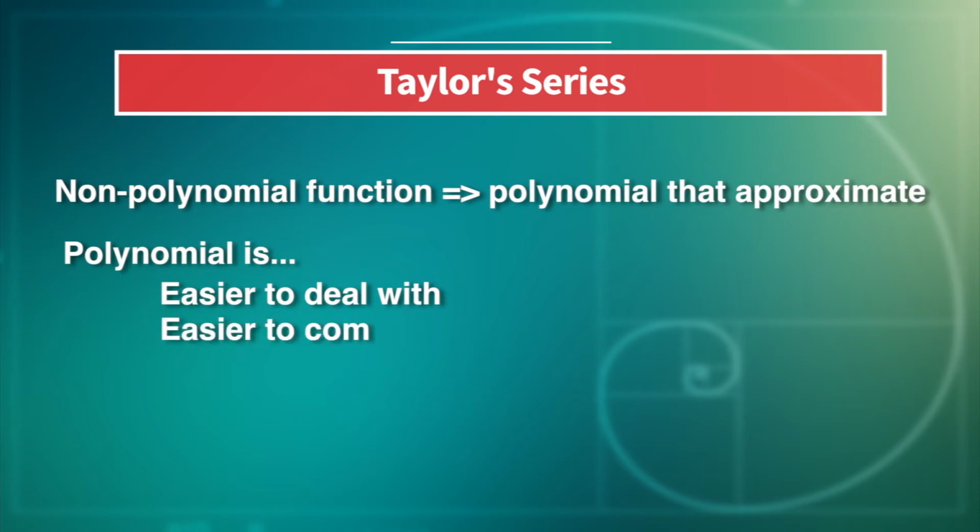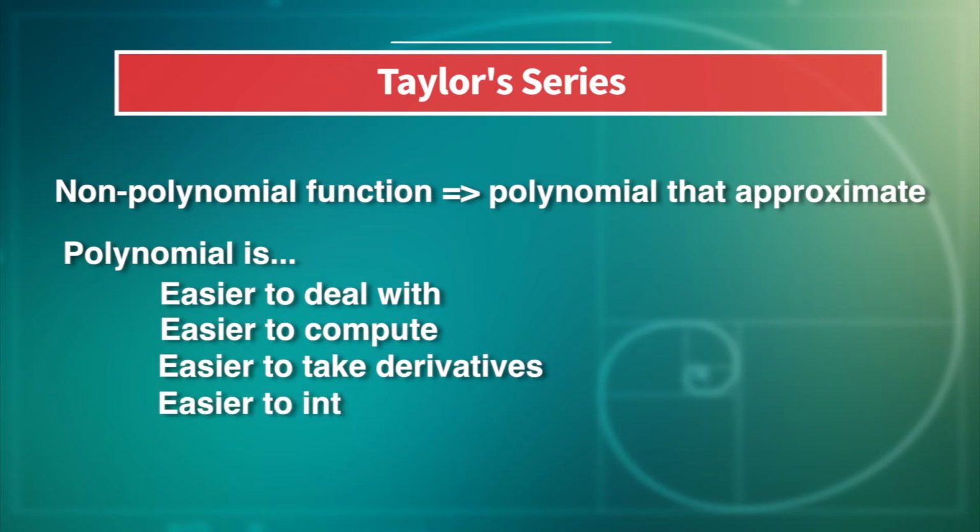They are easier to compute, take derivatives, and easier to integrate. So, the Taylor series is a representation of a function that can help us do mathematics. A function can be approximated by using a finite number of terms of its Taylor series.